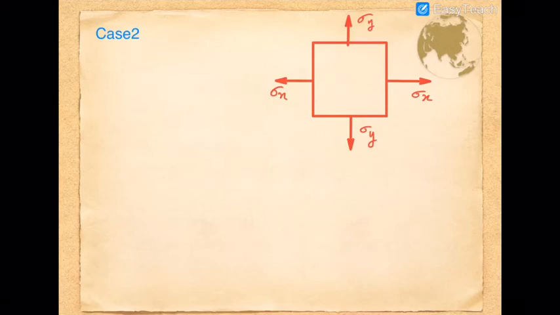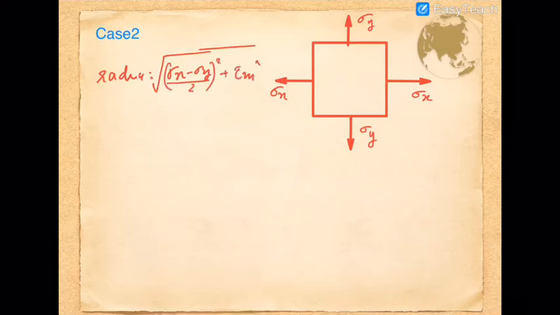Now this is another case, biaxial loading without any shear stress. Starting from the basic idea, the radius will be the corresponding maximum shear stress, that is the square root of ((sigma x minus sigma y) by 2) whole square plus tau xy whole square. Since tau xy is not present, that is going to be 0.